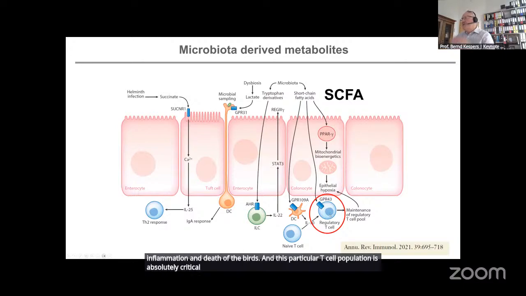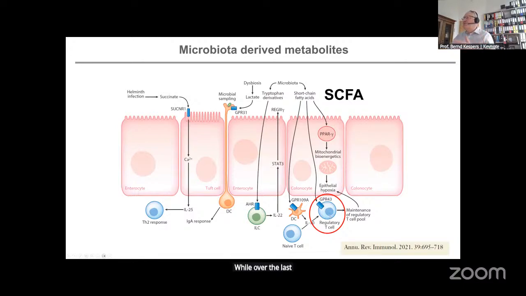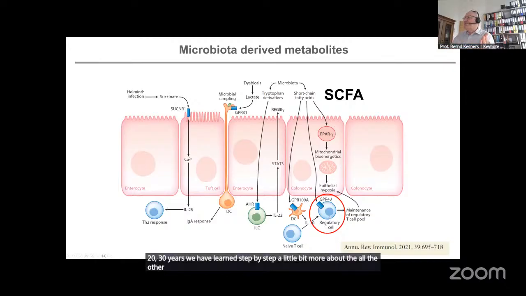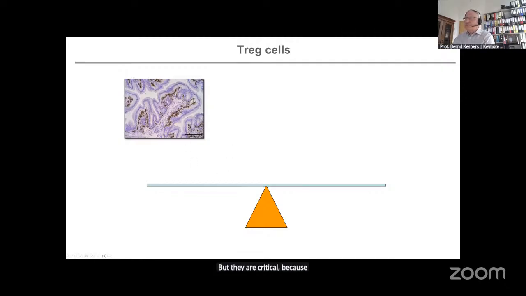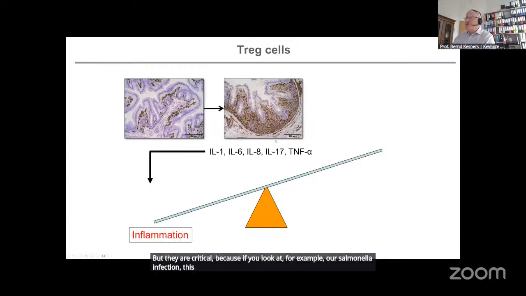While over the last 20, 30 years, we have learned step by step a little bit more about all the other T cell subpopulations, we still have very little information about these cells. But they are critical because if you look at, for example, our salmonella infection, this will lead to inflammation and this will tip the balance towards inflammation.